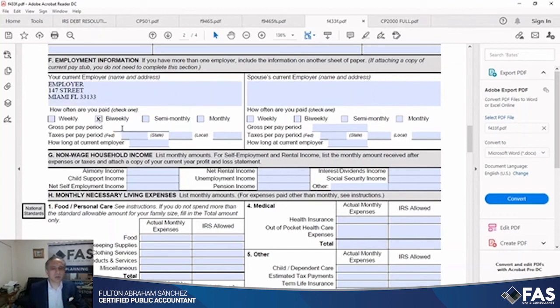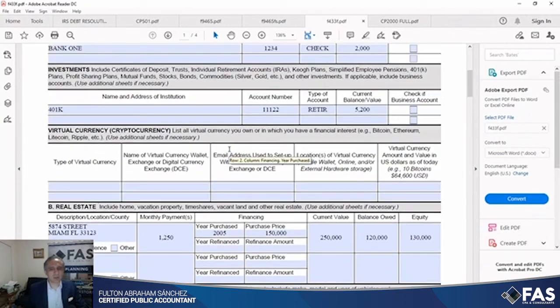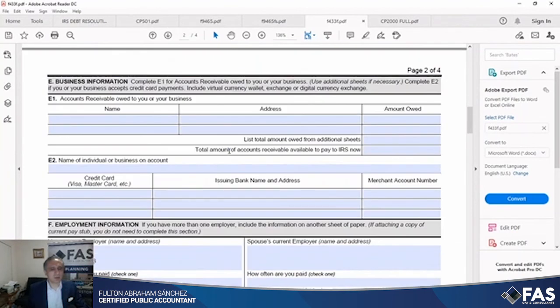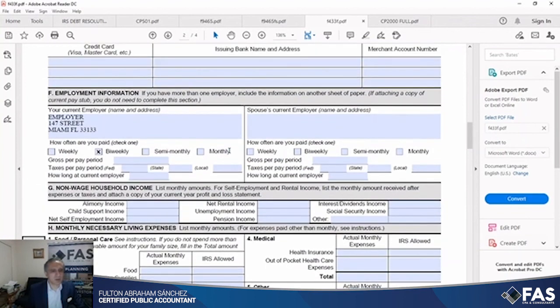Gross pay period. If the net amount that we said, no, we didn't say that here. They're asking us gross pay period. This is the gross, how much you make.